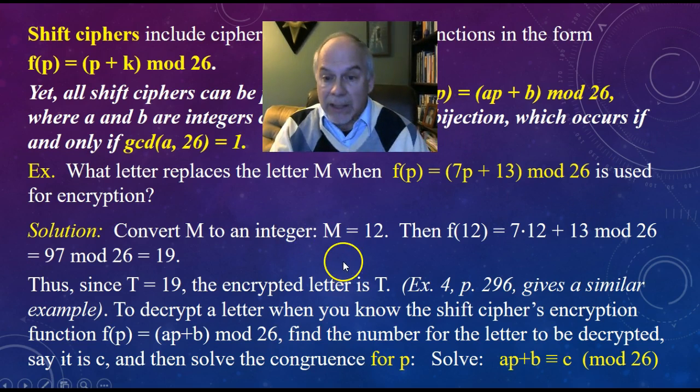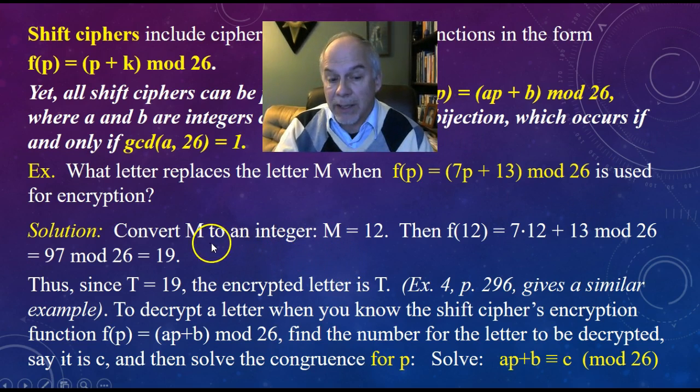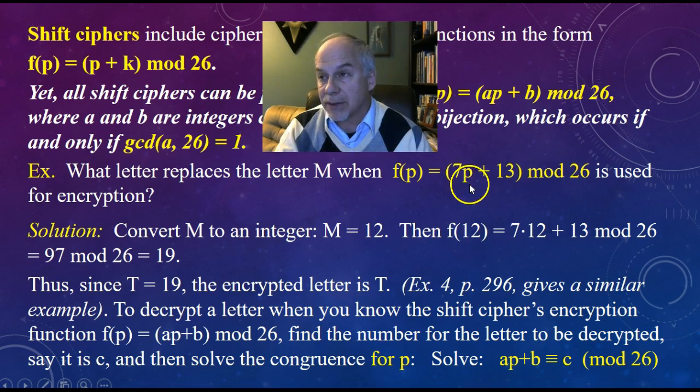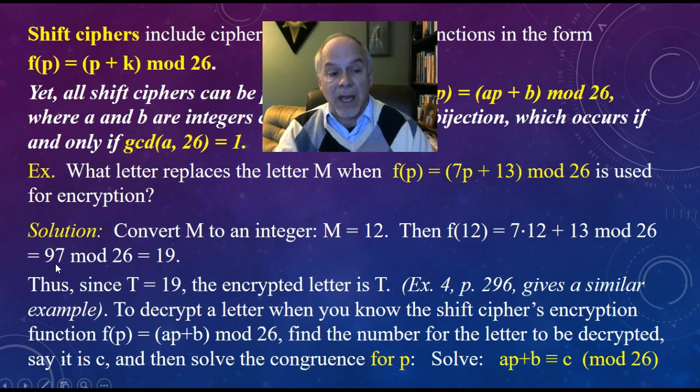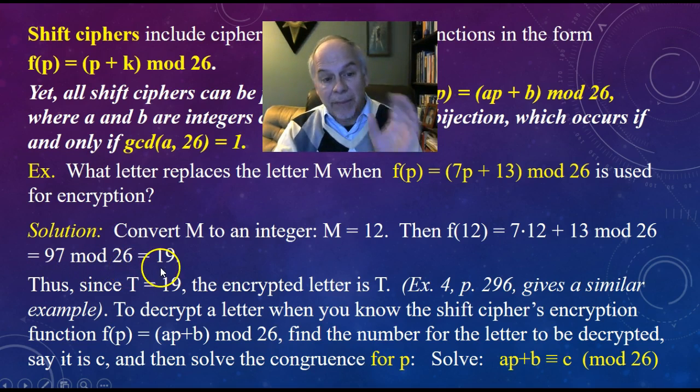Okay. Now, convert M to an integer first of all. So M is the number 12. Okay. Then you do f of 12, which means we're going to stick 12 in here. So 7 times 12 plus 13. Well, 7 times 12 plus 13 comes out to 97. And if you do 97 mod 26, that brings you to the number 19.